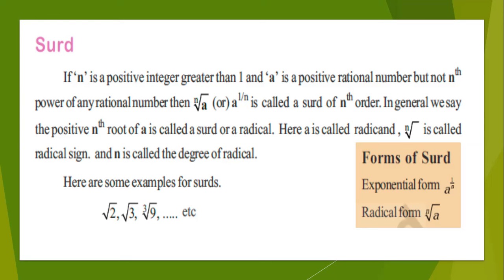In general, we say the positive nth root of a is called a surd or a radical. Here a is called the radicand, the nth root symbol is called the radical sign, and n is called the degree of the radical. Some examples are given there.